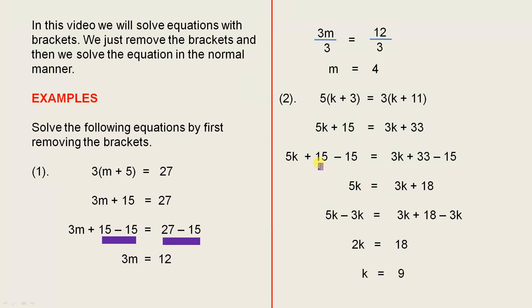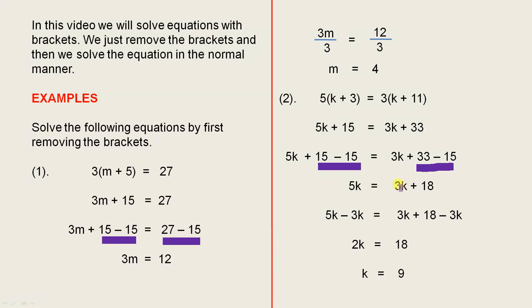So when we simplify that part and that part, we get 5k equals 3k plus 18, because 33 minus 15 is 18. Now, we have 5k equals 3k plus 18.